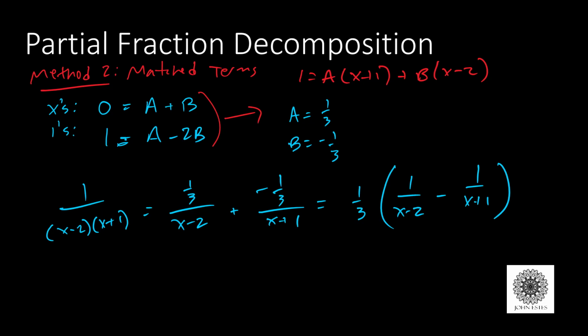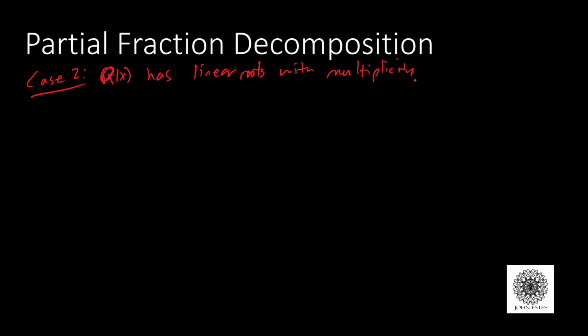Okay, for our next case, case 2, let's consider the case where you have a linear term that has a higher multiplicity. So Q of x has linear roots with multiplicity greater than 1.